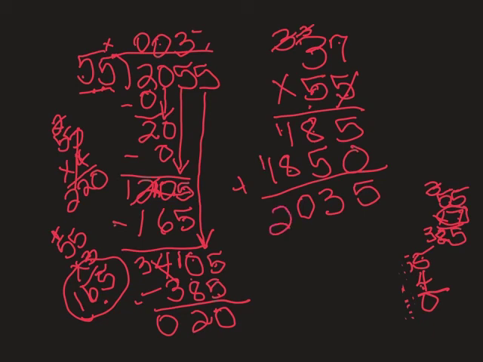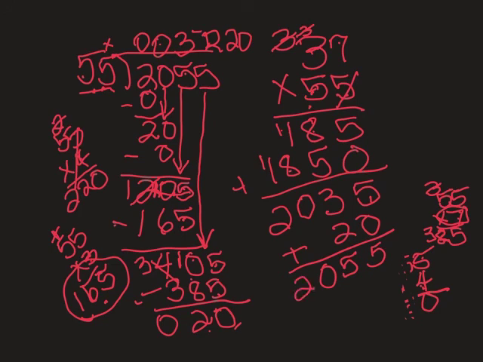So now I check to see if this answer matches this answer. And I notice that it doesn't. So I have to go down here and look. There's a 20 left over. So it's remainder 20. So now let's add it to this product and see if we get the correct number we started with. 5 plus 0 is 5. 3 plus 2 is 5. 0 plus nothing and 2 plus nothing, that's going to be 0 and 0.